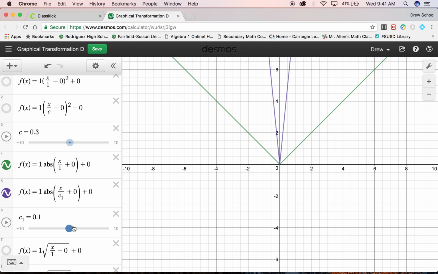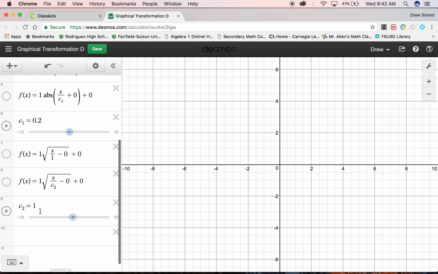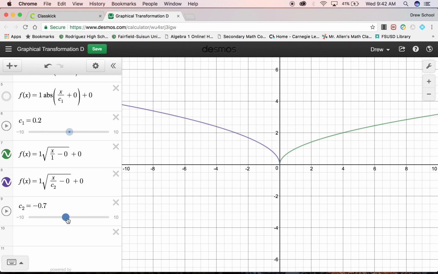And when it's less than 1, it's a horizontal shrink. Horizontal stretch, horizontal shrink. And again, when it's negative, it's a reflection over the y-axis.